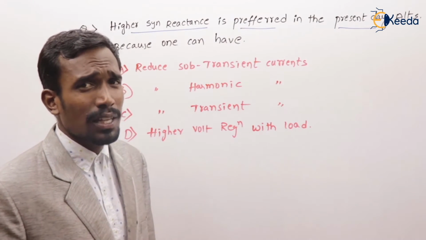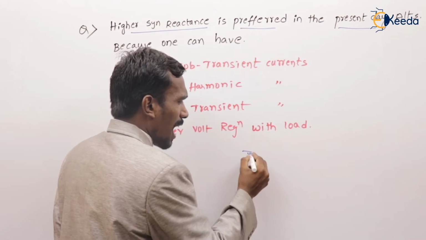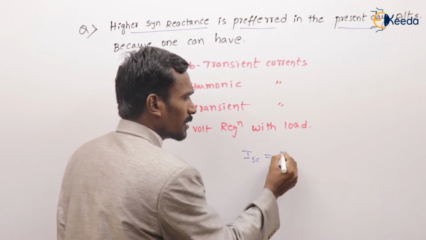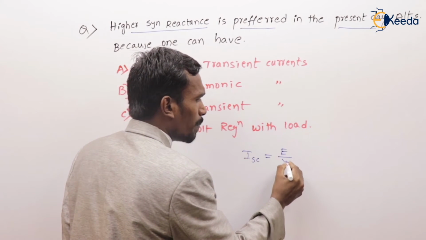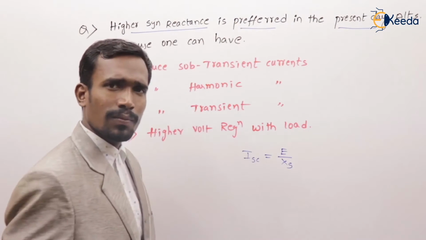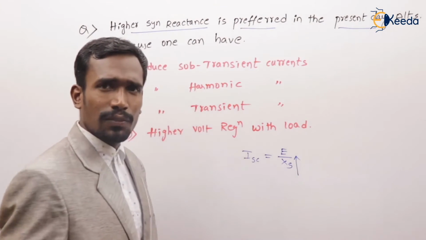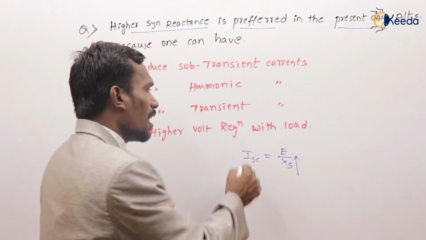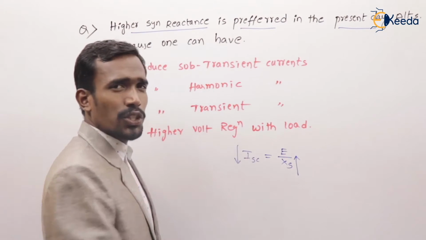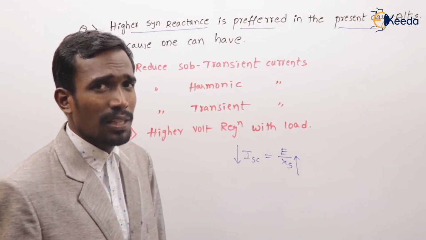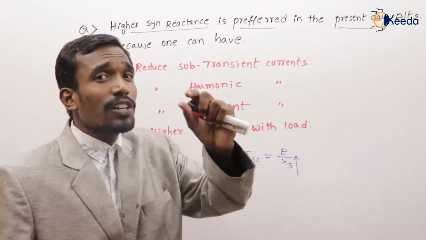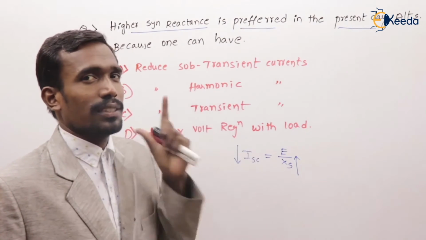Why? Because generally we know that the short circuit current is equal to E by XS. If the synchronous reactance is high, automatically the current reduces. Short circuit currents, generally the transient currents, reduce.